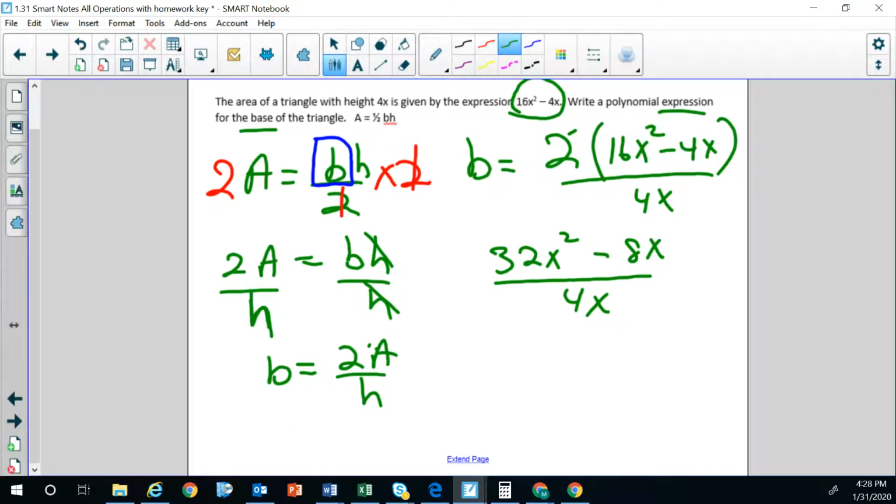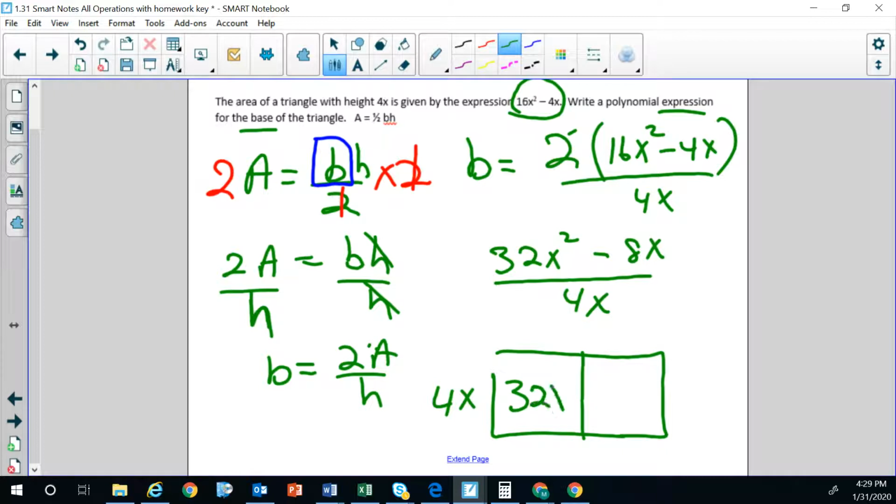All you have to do now is set up your box method. And my 4x goes here. My 32x squared goes here, and my negative 8x.